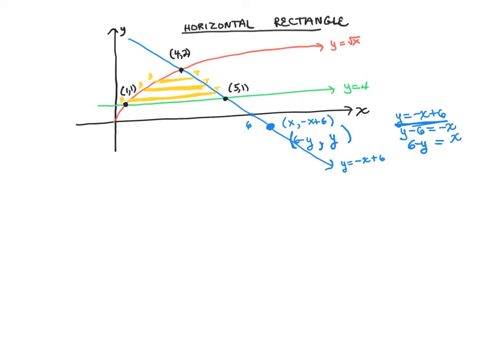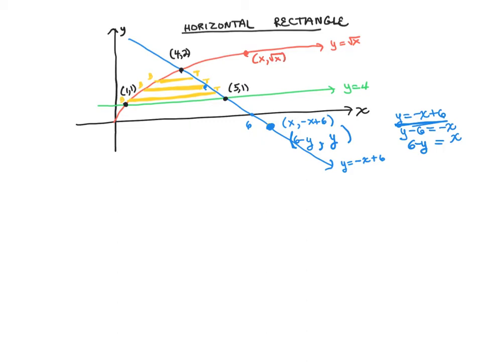So when I take a look at this curve here, this horizontal distance with respect to y would be 6 minus y. It's the distance from the y-axis to a point on the blue line. And in the same way, any point on the red curve could be represented with coordinates in terms of x, x comma root x.